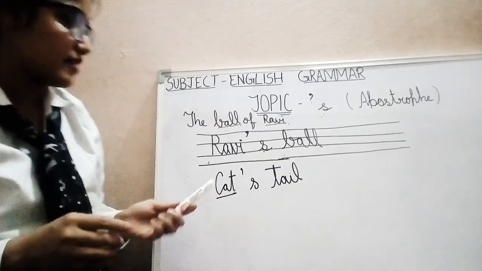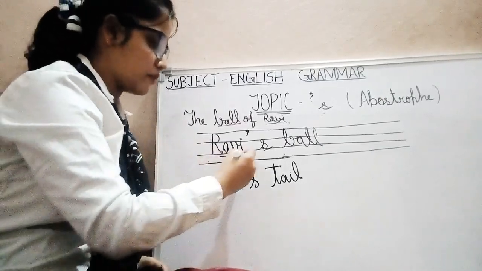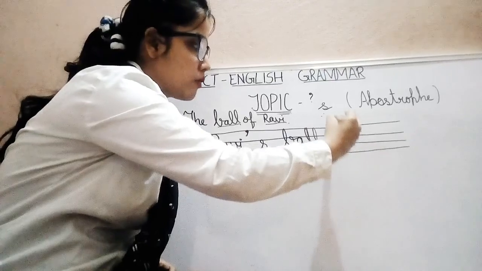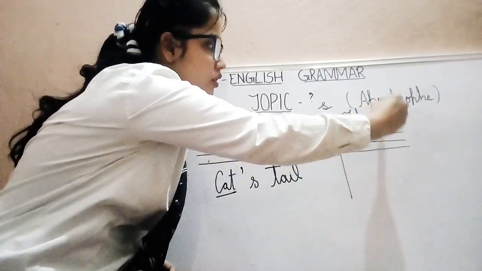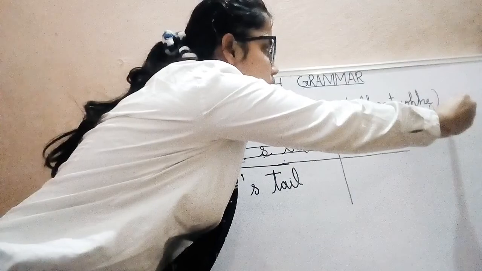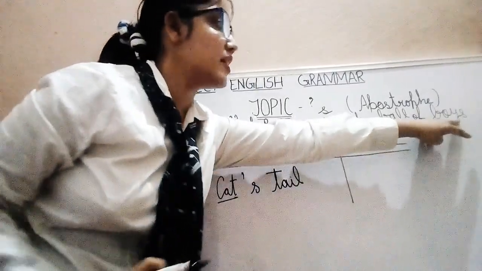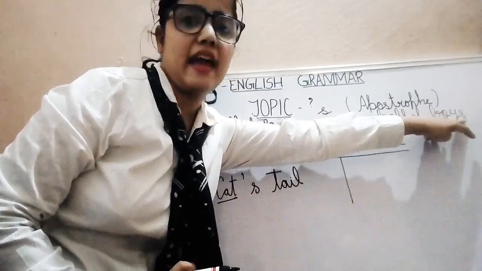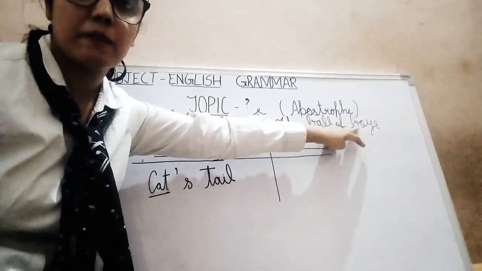In that case, if we have plural persons, let's say if in place of Ravi there would be boys, like the ball of boys. Okay, now here as you can see, it already has S at the end. The spelling ends with S and it is a plural.